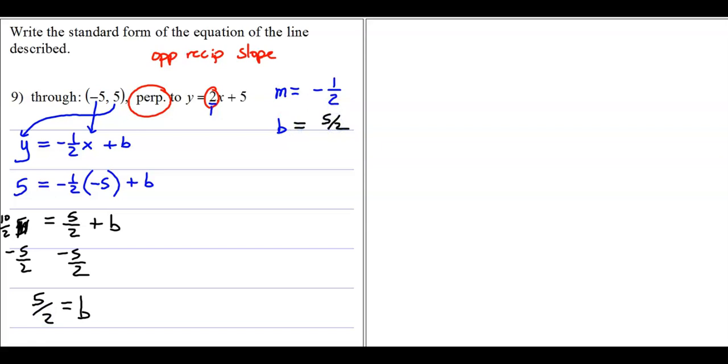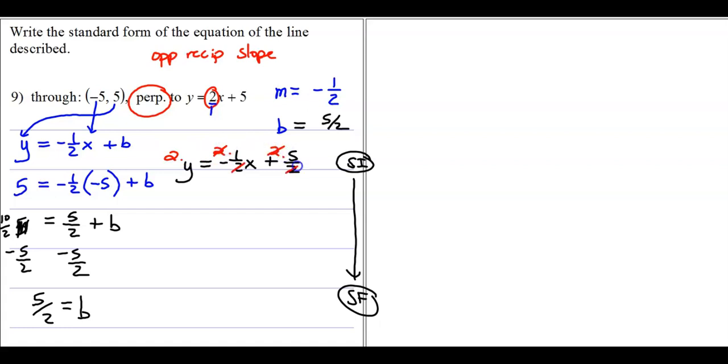Now we're ready to rock and roll with slope-intercept form. So for slope-intercept form, y equals mx plus b. But we need standard form. So to get it in standard form, we got to clear some fractions first. Times by 2, times by 2, times by 2. And I get 2y equals negative x plus 5.